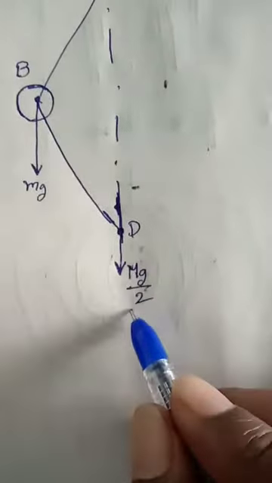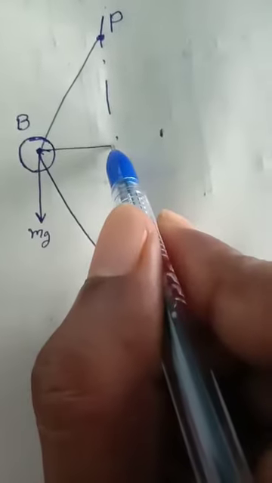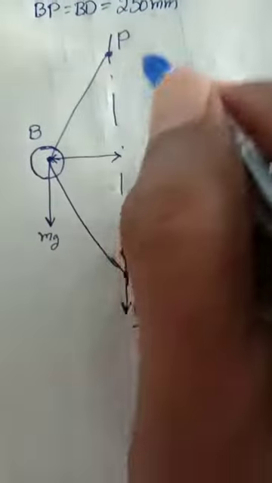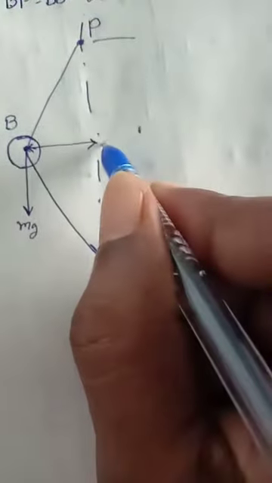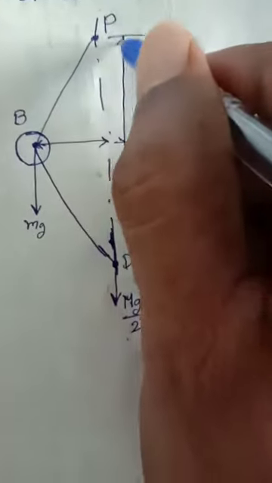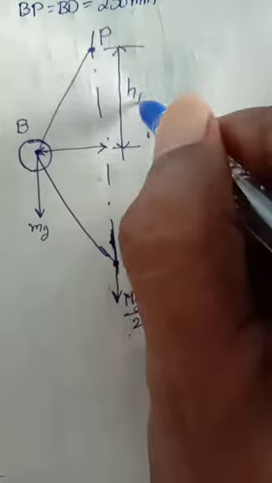Here to here the distance is given, and here to here the distance is called height h1.